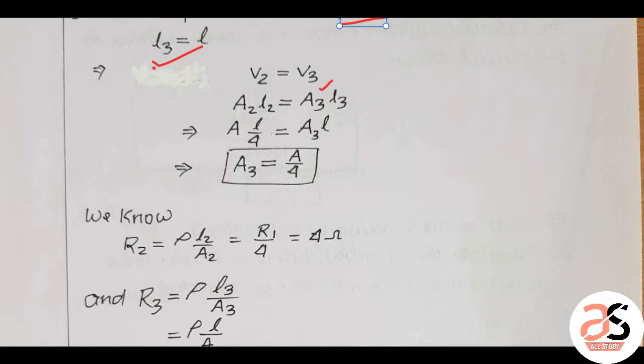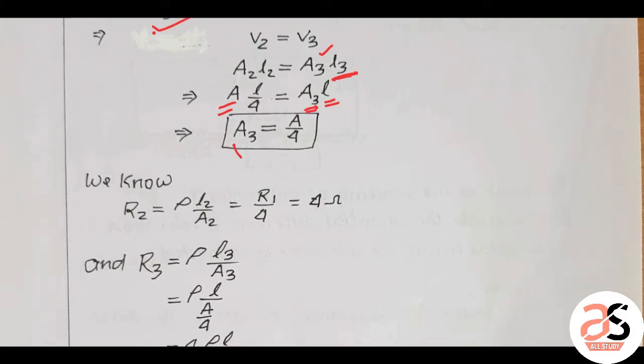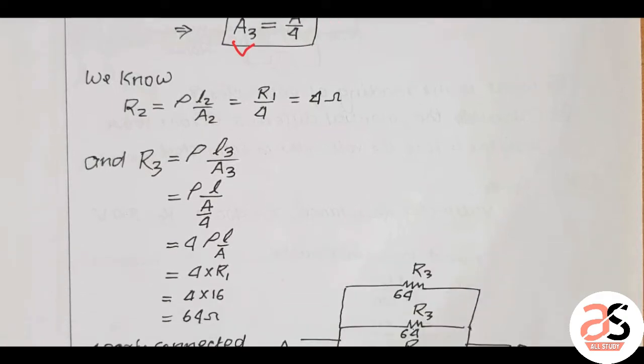So A2 L2 equals A3 L3. So L2 is L by 4, A2 has not changed, and L3 after stretching becomes L, and this is A3. So A3 we have calculated from here, which is A by 4.